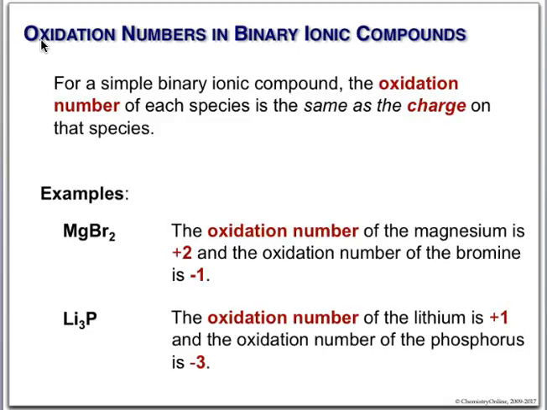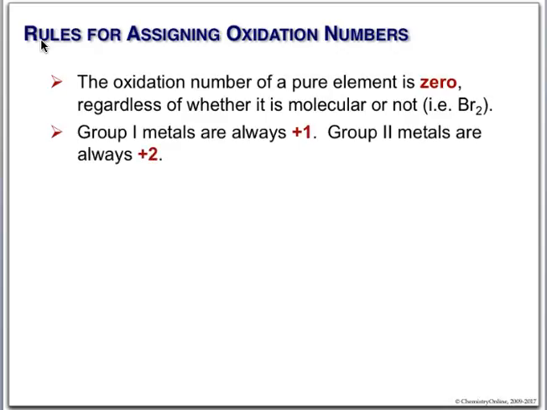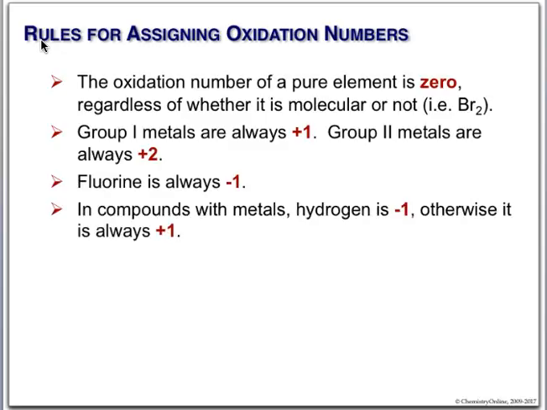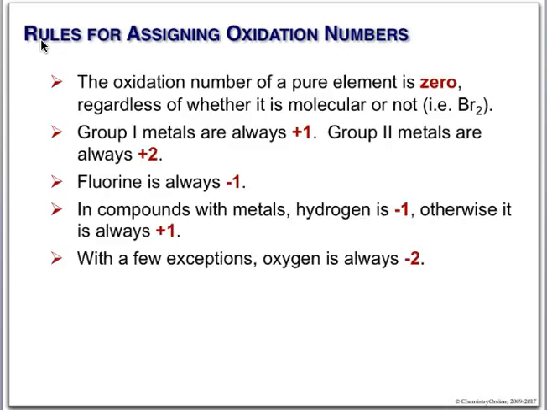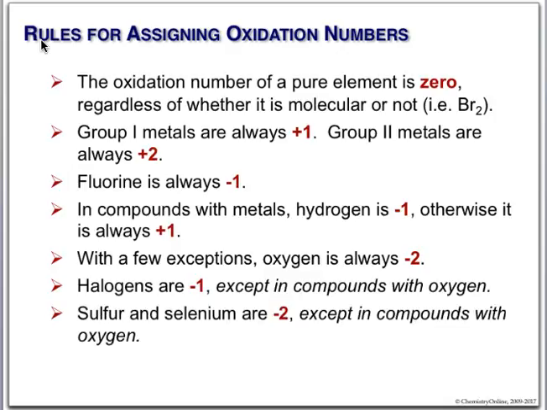There are lots of exceptions that show up, and so there are rules to describe this. Here's a set of rules that you really don't have to know. When you're dealing with an element by itself, it's always 0. Group 1 is always +1, group 2 are always +2, fluorine is always -1, oxygen is going to be -2, halogens -1, and so on. What do you need to know?